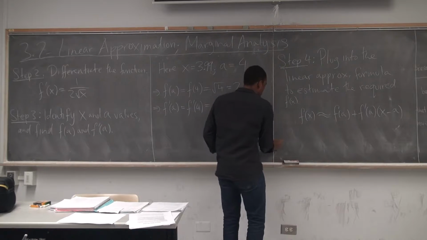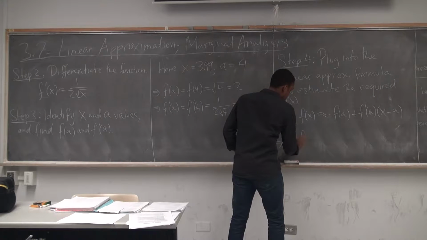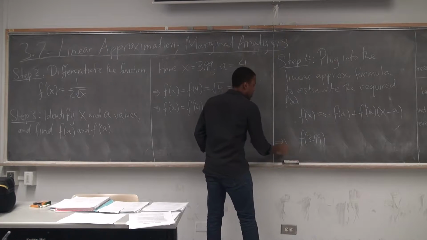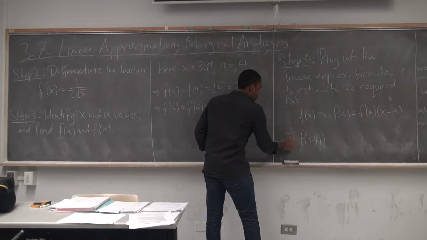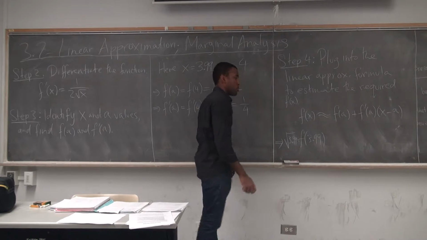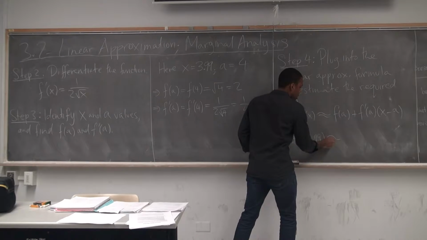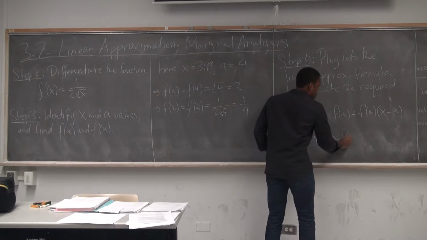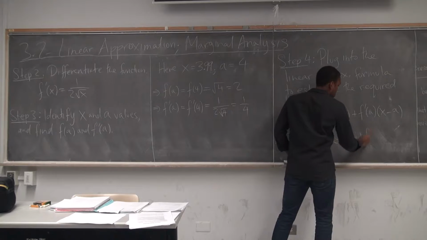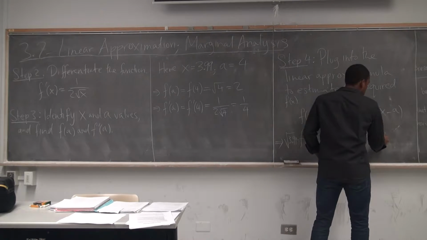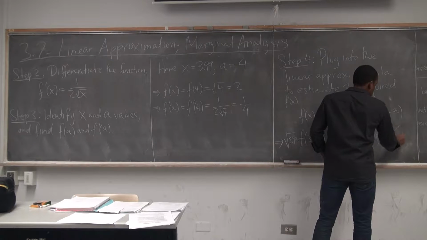In other words, what I actually want to figure out is f of 3.99. Right? That's the radical of 3.99, which is my function. The radical of 3.99 is just f of 3.99. 3.99 is an ugly number though, so I'm going to approximate it using 4. F of 4 plus f prime of 4 times x minus a, which would be 3.99 minus 4.